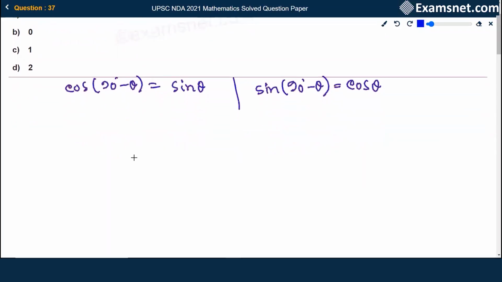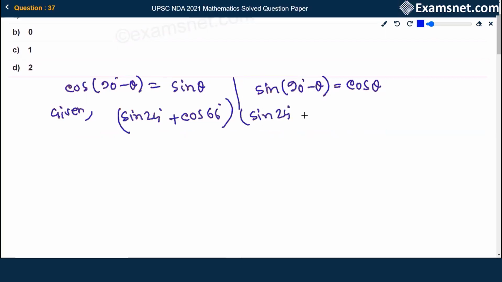So from the given expression, we can write sine 24° plus cos 66°, also sine 24° minus cos 66°. Let's use that complementary relation. Cos 66° we can write as sine of 90° minus 66°.